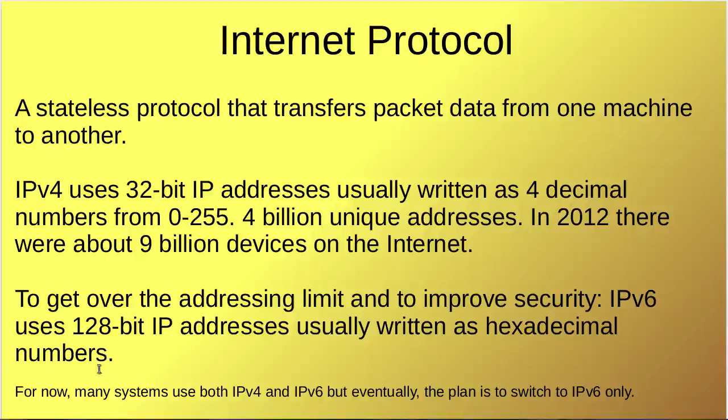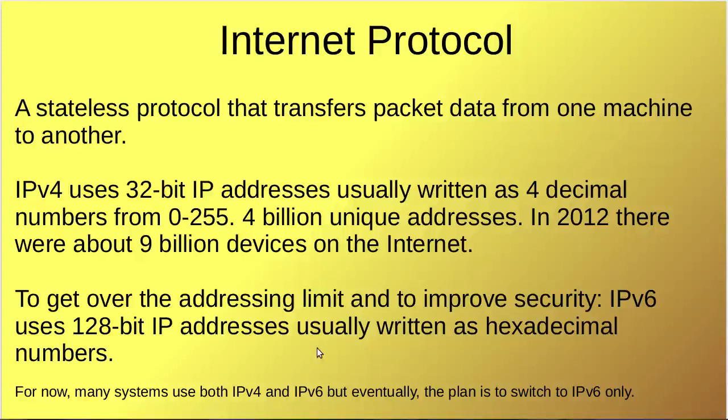For now, most systems that you buy these days, if you buy a laptop or a desktop or a smartphone, the chances are they will use both IPv4 and IPv6. The plan was to switch to IPv6 only, but for whatever reason, it doesn't seem to be happening.